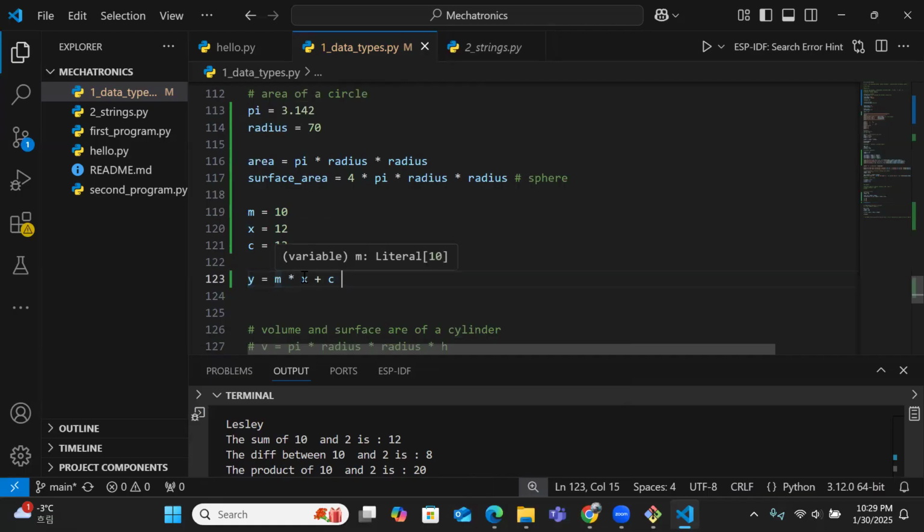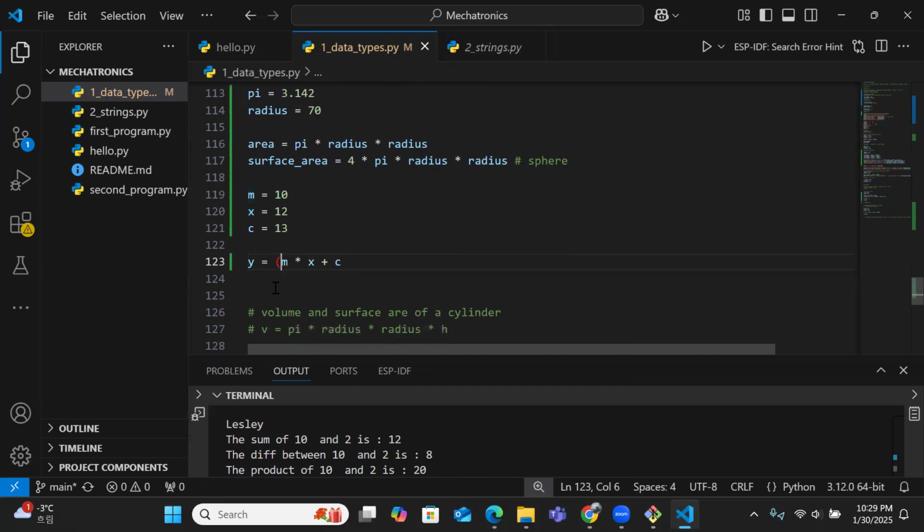But to make this look neater, because m and x are being multiplied together, you can put them into brackets. Have you seen that? Yes. Is it a must to put the bracket?